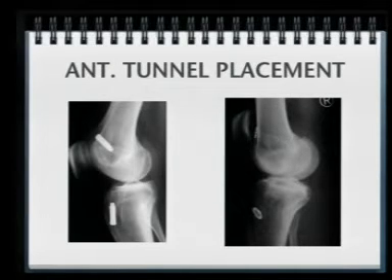What is, however, very important is malpositioning of the ACL tunnels, and this accounts for a large number of ACL failures. The commonest mistake is anterior placement of the femoral tunnel, and as we all know, femoral malpositioning of the ACL leads to the maximum number of failures.